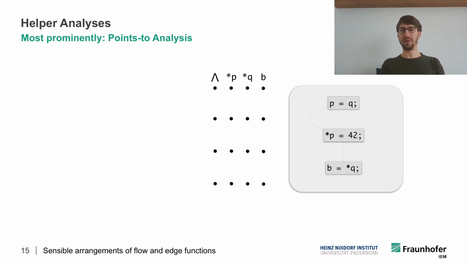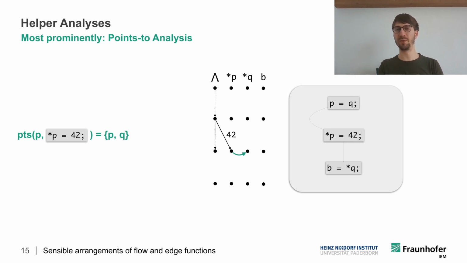when you store the constant value of 42 into p, then you will also have to propagate this value to the aliases of p. And for this, you will have to run a points-to query, and the points-to query will tell you that p at the statement where the 42 is assigned to the dereference of p is p and q, and then you will be able to draw this further non-distributive edge here to q, and then continue your propagation.